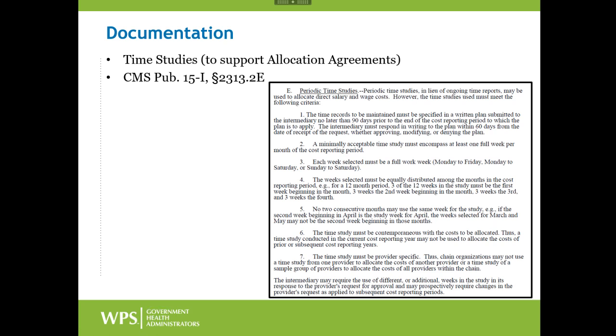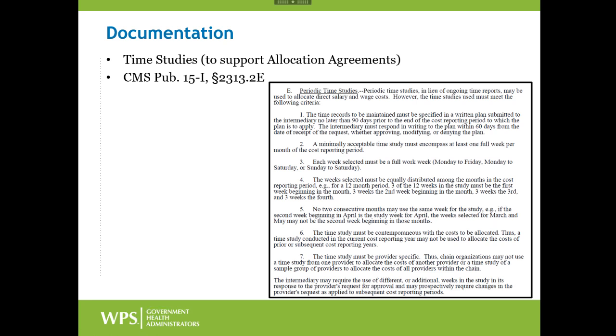It says, periodic time studies in lieu of ongoing time reports may be used to allocate direct salary and wage costs. So the key thing there is that the best documentation anybody would have to support an allocation of any sort would be an ongoing time report.